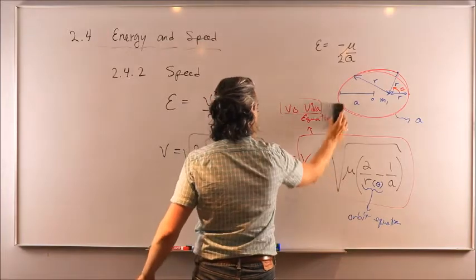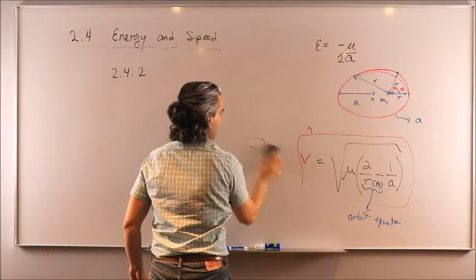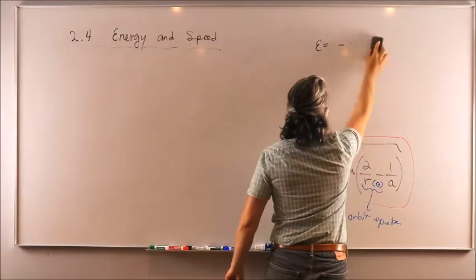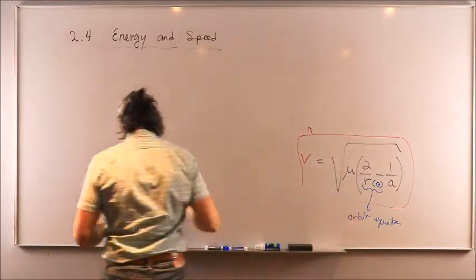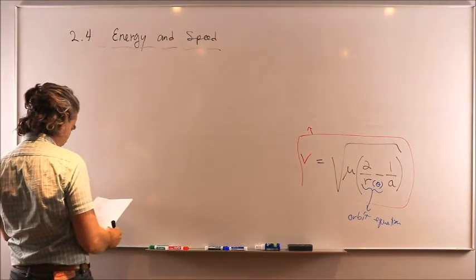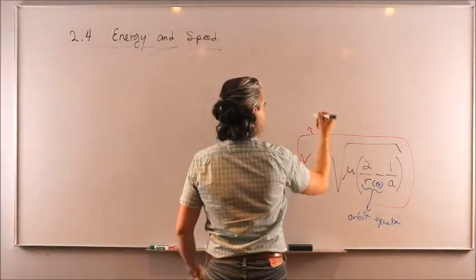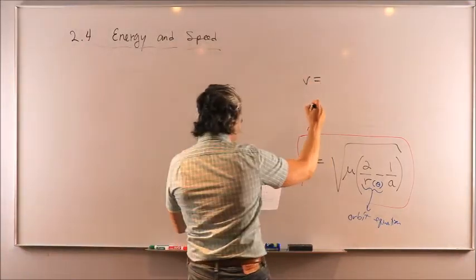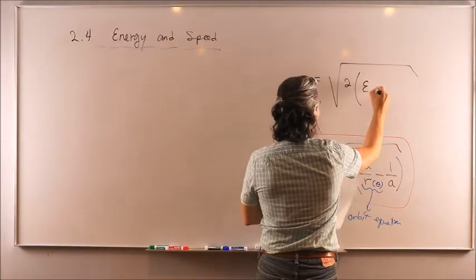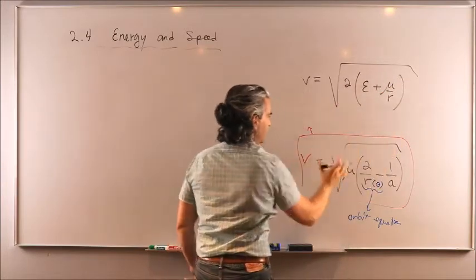So, let's have a closer look at that equation for a little bit and discover a couple of interesting things. Well, actually, let's roll back to our previous expression for the speed for a moment. It's the square root of 2 times orbital energy plus mu over r, from which we have derived that Vis-Viva equation.